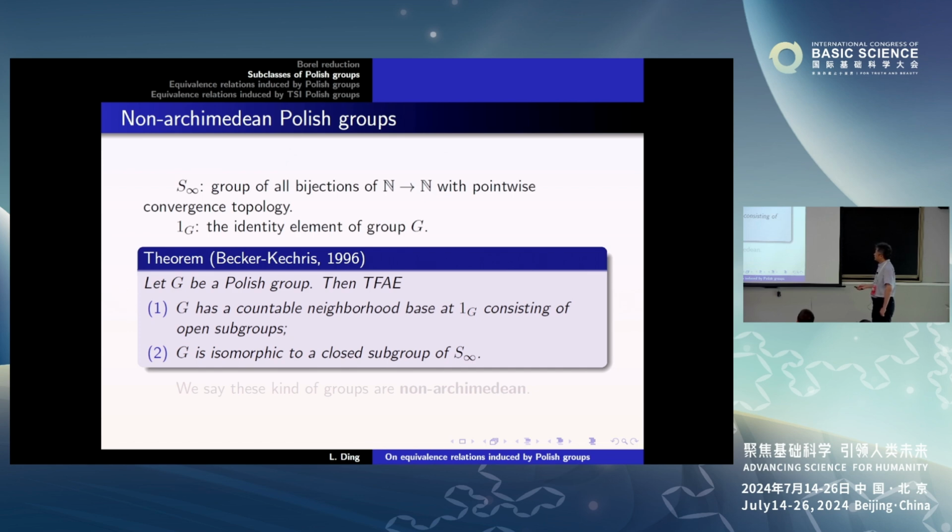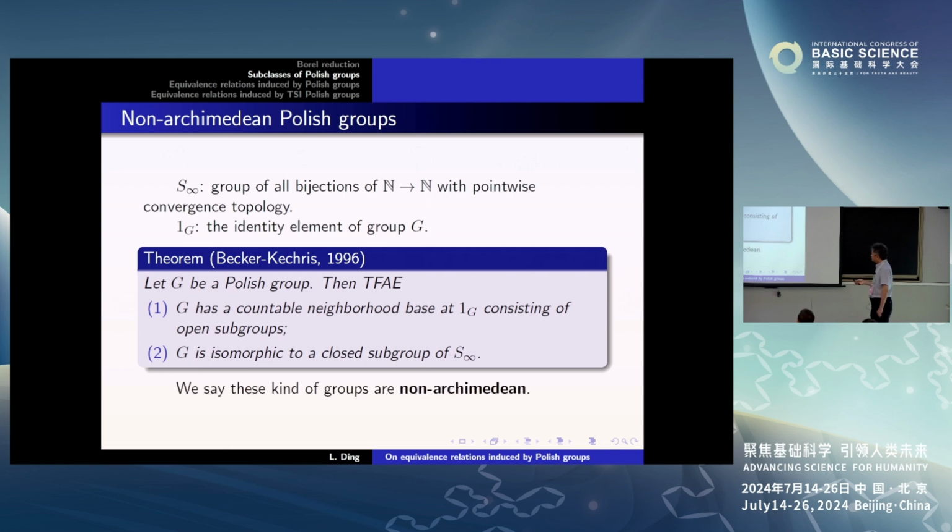Then let G be a Polish group. The following are equivalent. First, G has a countable neighborhood base at the identity element consisting of open subgroups. Second, G is isomorphic to a closed subgroup of S infinity.